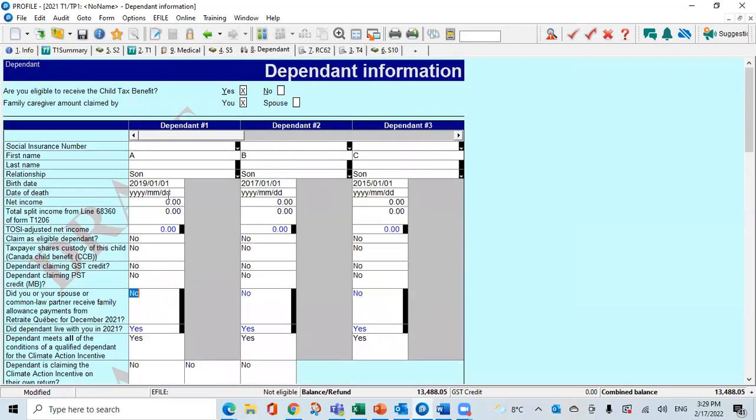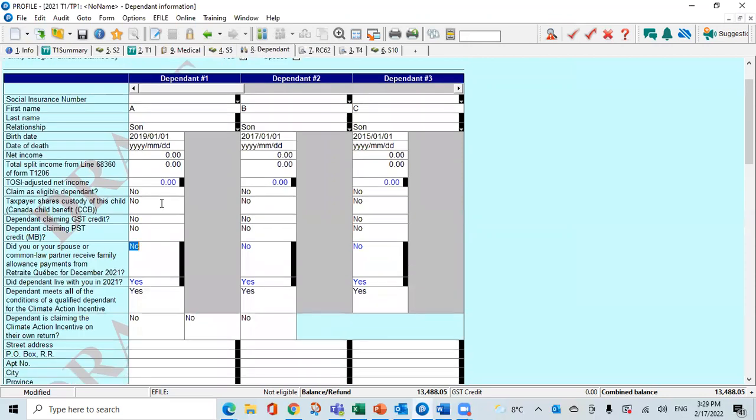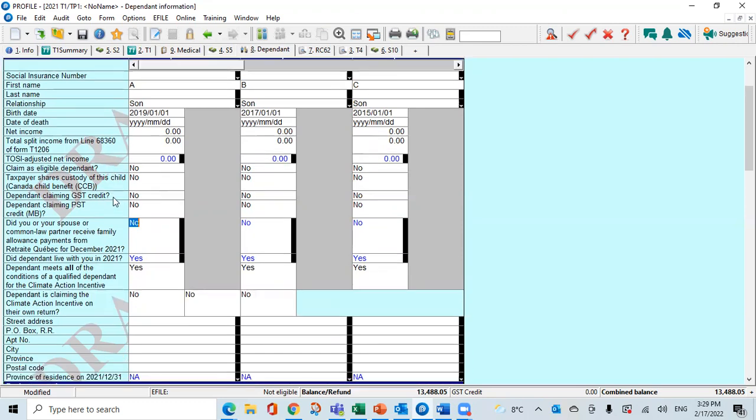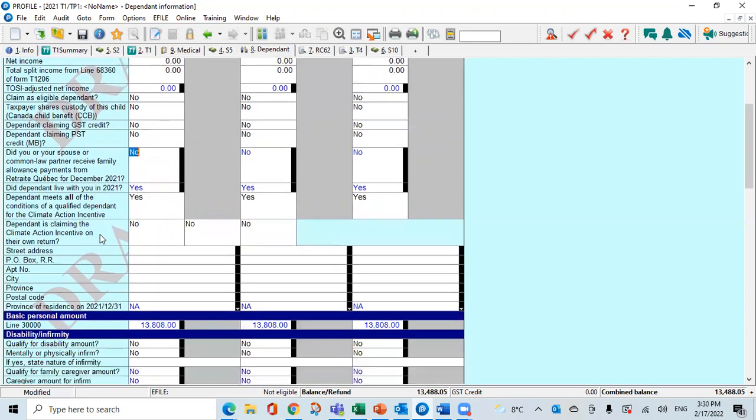When you take a look at the dependent information form, actually, there is nowhere you need to consider whether it's a children's benefit or children's credit. The only situations you need to consider are if you can claim as an eligible dependent, or if the kid has income, or if you can claim the caregiver amount, or the disability amount, where anything can transfer to you.